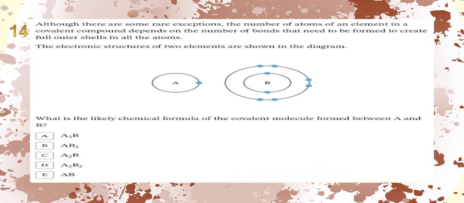If we make a sharing with 1 electron, we need 2 electrons from B. So the right answer will be A2B, as B needs to make 2 exchanges while A needs 1. So the right answer will be letter C, A2B.